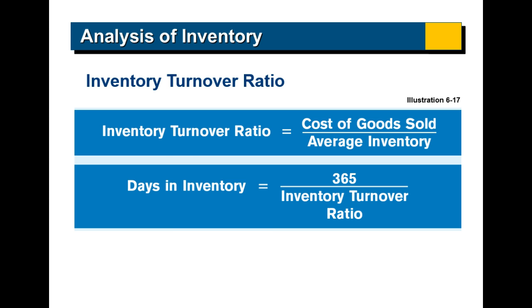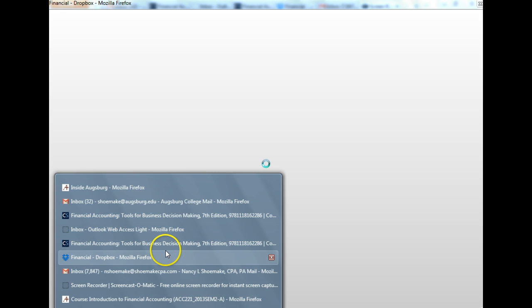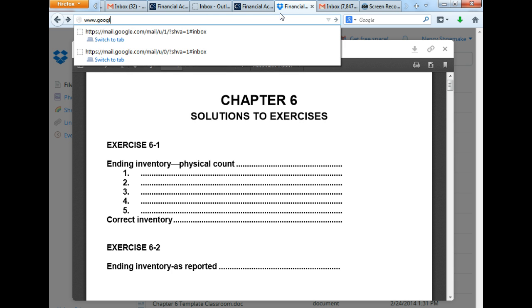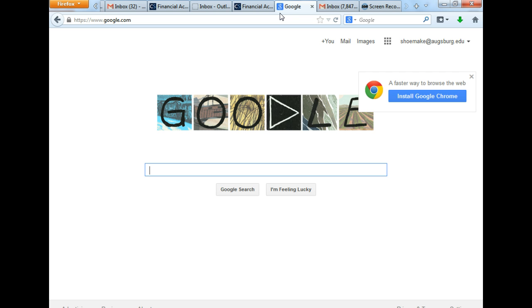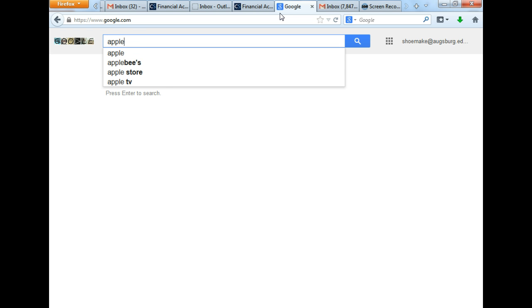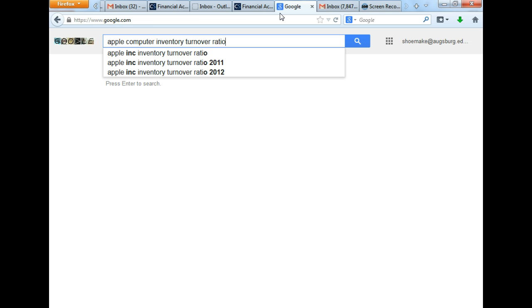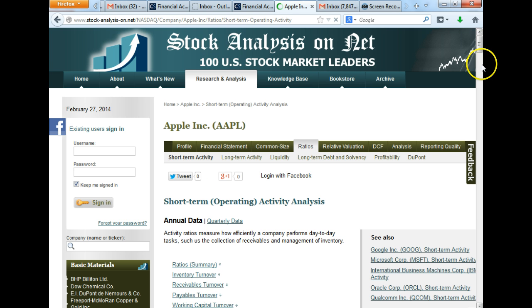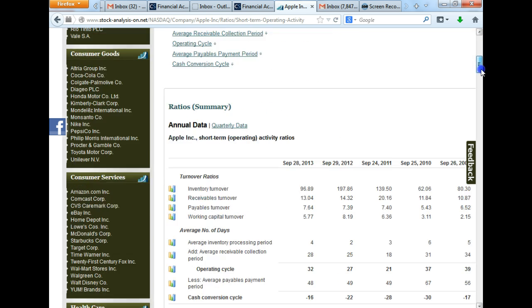One thing that's interesting here, if you do a little Google on this, and you Google Apple computer inventory turnover ratios.